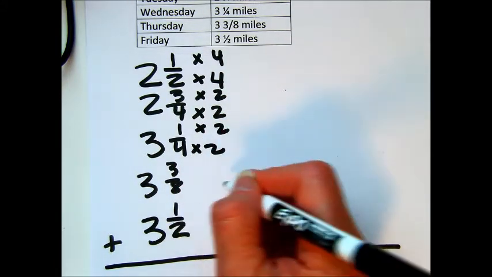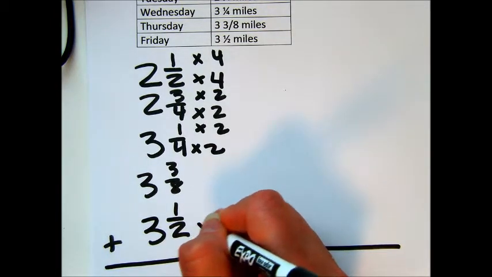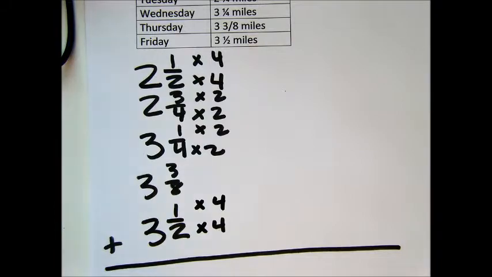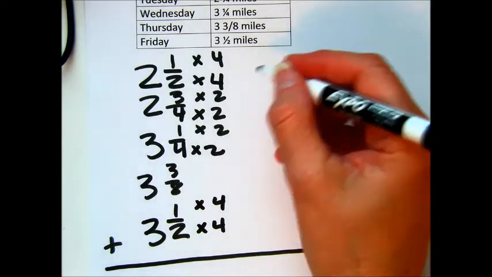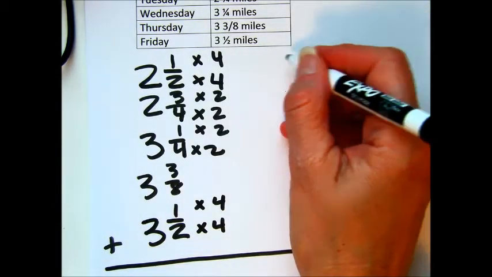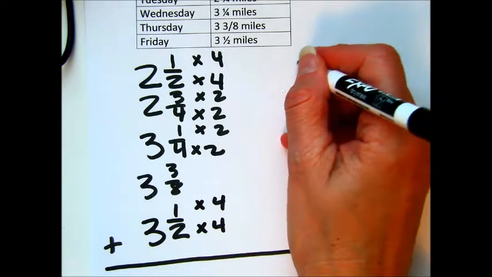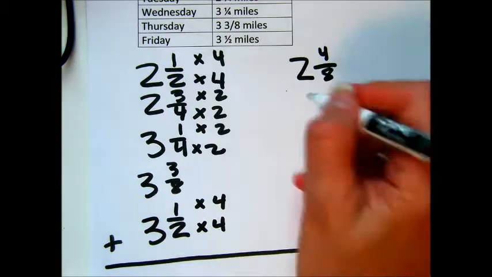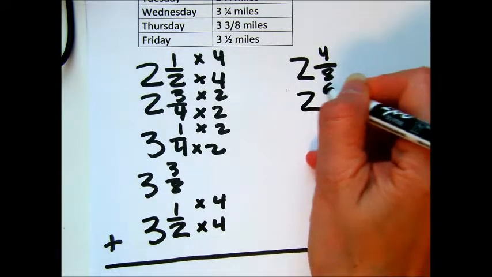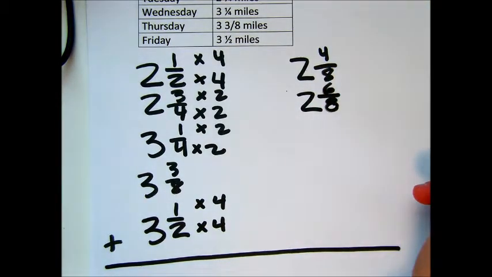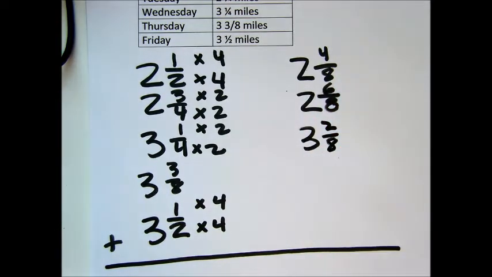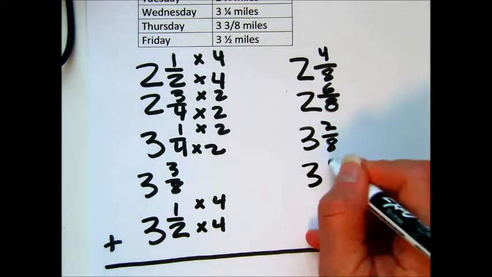We can keep this 3/8, and then 2 times 4 will give me 8ths. So then I'll rewrite my numbers over here. 1 times 4 is 4, so 2 and 4/8. 2 and 6/8. 3 and 2/8. 3 and 3/8.